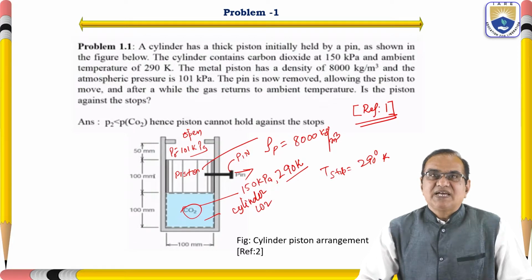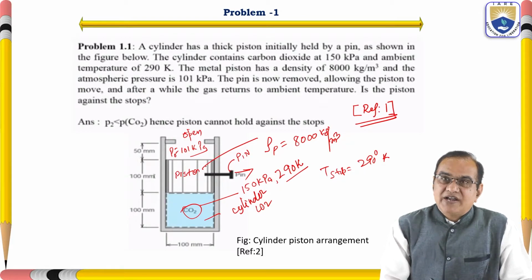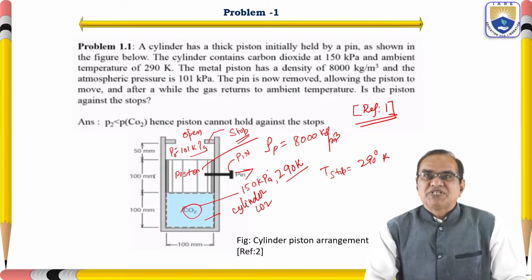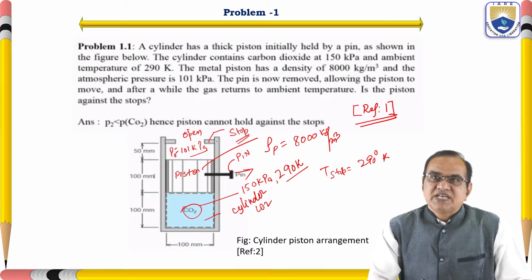Is the piston against the stop? Will the piston touch this stop or not, or is it forcing this stop? This is the stop here. So the question is whether, after this configuration, the piston is hitting this stop or not.